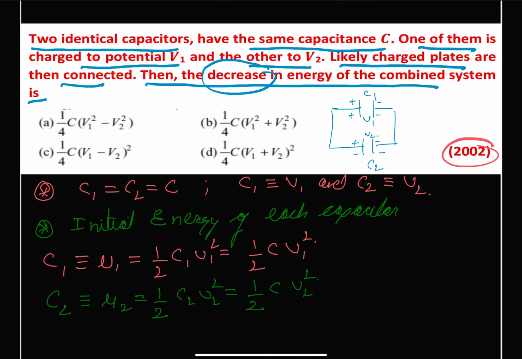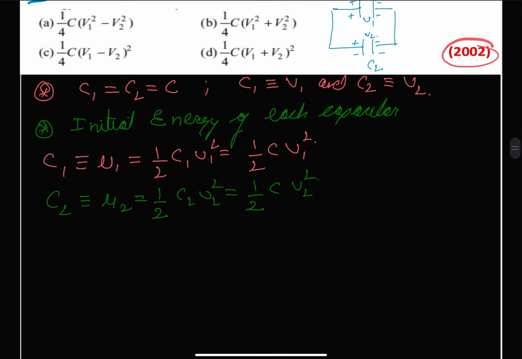So the total energy of the system will be the summation of both. Therefore, we can say total initial energy, let us call that UI, will be equal to U1 plus U2.